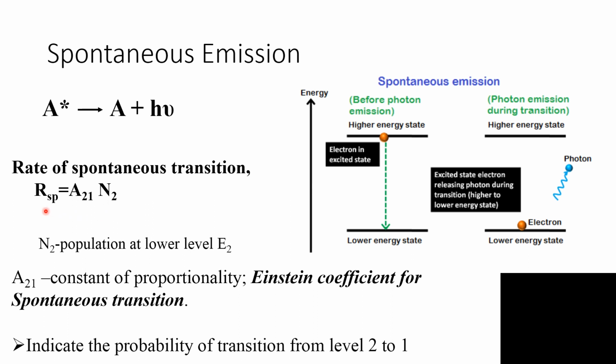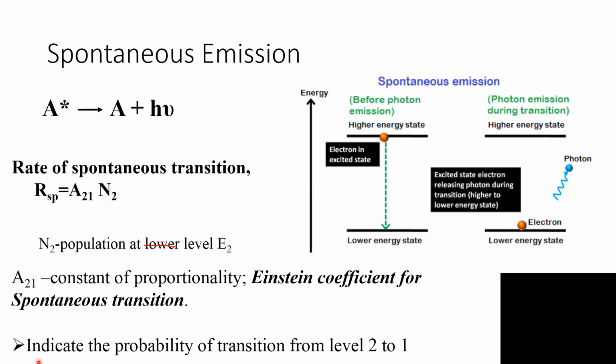Sorry, here it should be higher energy level, there is a mistake. Let me remove this; this is the higher energy level. And this A21 is the constant of proportionality, and we call it the Einstein coefficient of spontaneous emission.